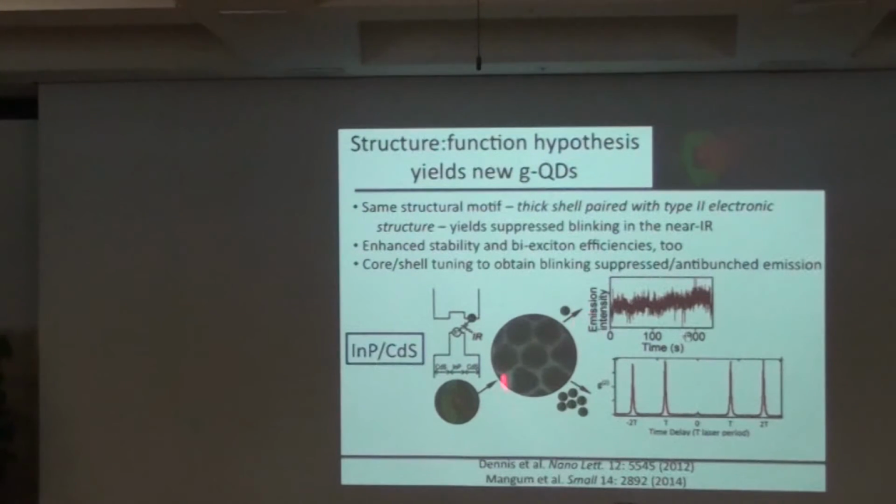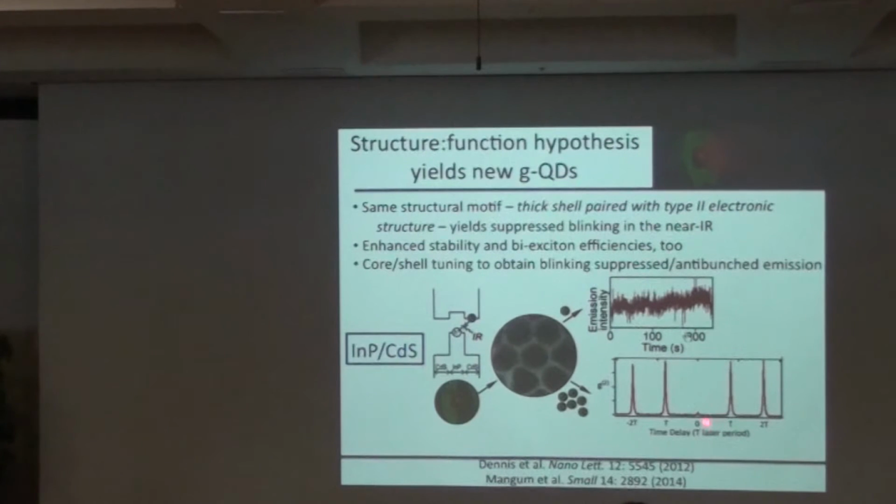And so what we can achieve in this particular system is a near ideal particle for, say, single photon source applications. And I demonstrate that with this bottom right g2 figure. This is basically the distribution of photons at a detector over time.